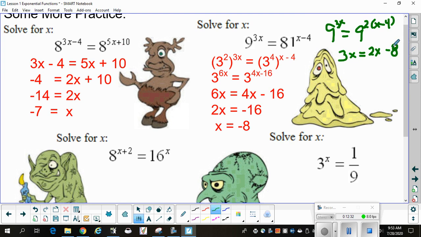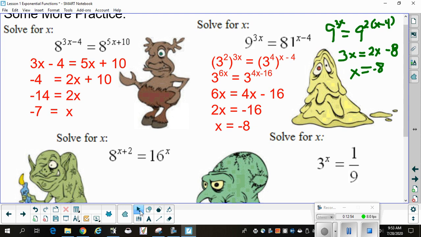Sorry about that. I have to distribute that. Then I subtract 2x from both sides, and x equals negative 8. Either way is fine. Again, over here, you have 8 and 8, so they are definitely like bases. No reason to drop. Here, whichever one you see first, they're equally as easy.